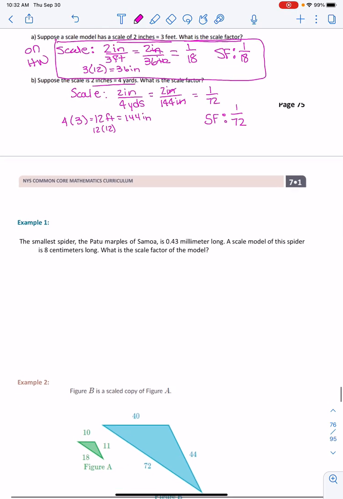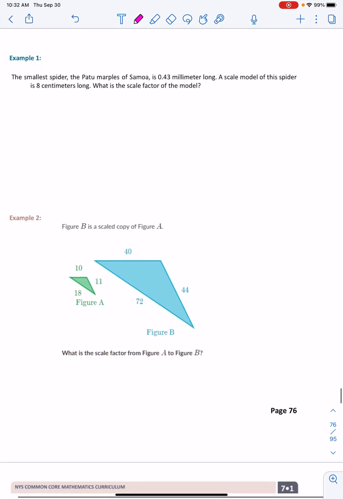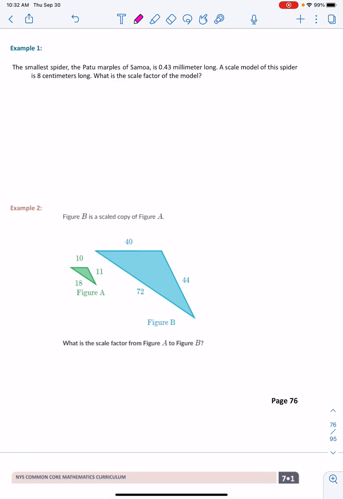So the next question says the smallest spider, the Patu marplesi of Samoa, is 0.43 millimeters long. A scale model of the spider is 8 centimeters long. What is the scale factor of the model? Well, if I write the scale, remember the scale over the actual.